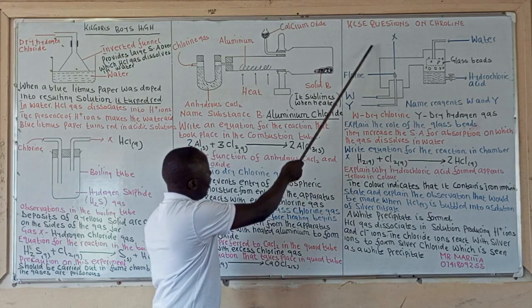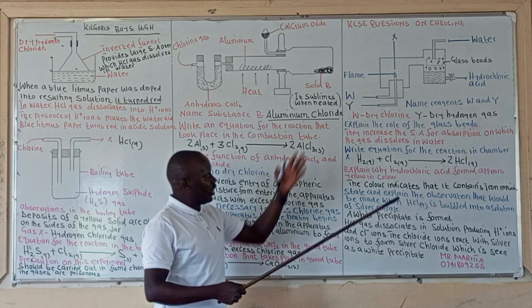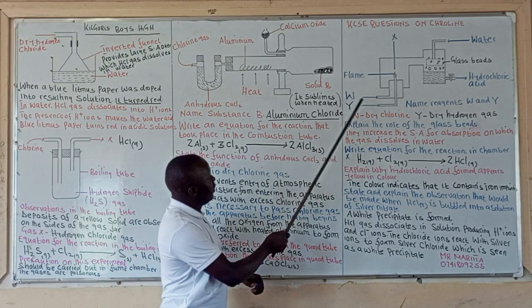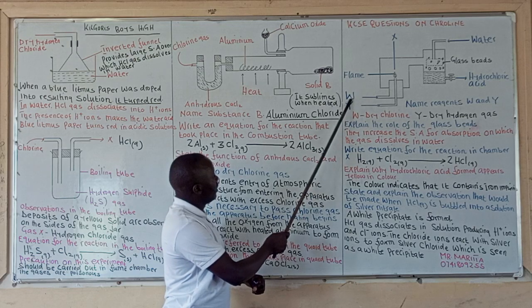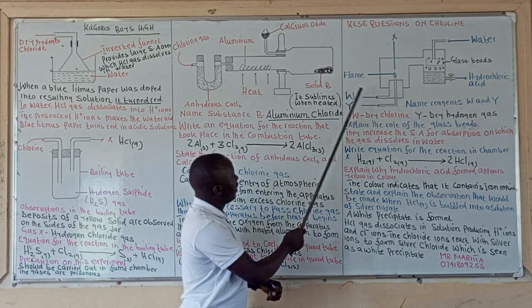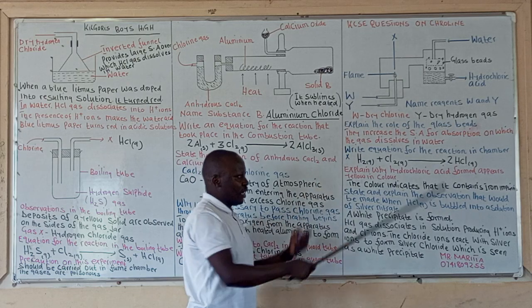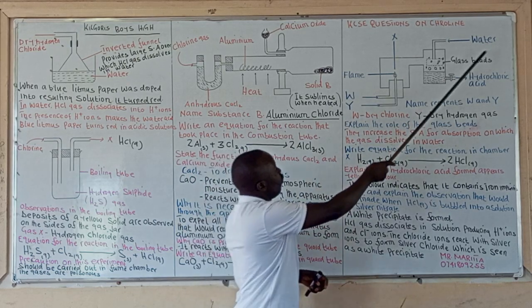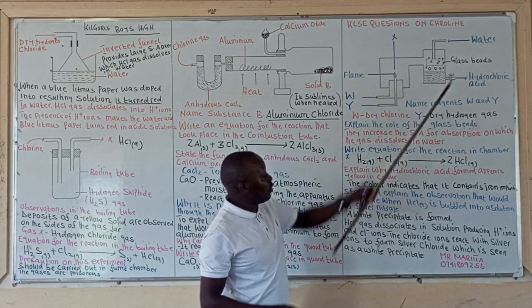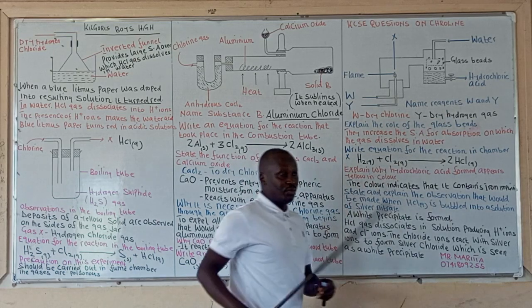As you can see from this diagram, you have reagent W, then we have reagent Y. When the two react, they have a flame in this chamber X. Then we have water introduced in the presence of the gas jets, and then we have the hydrochloric acid being collected.